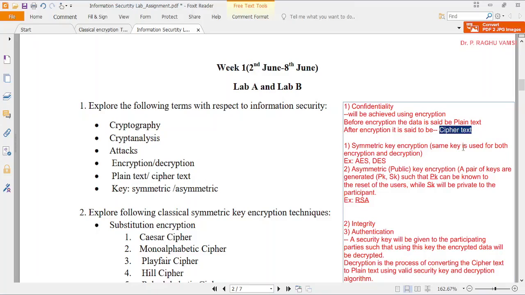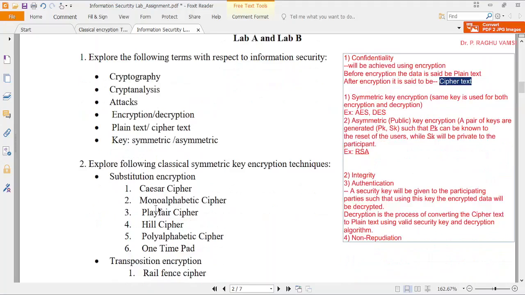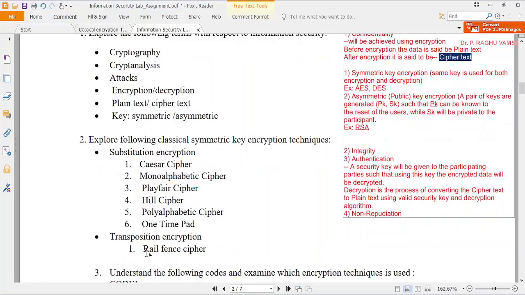At that time, people used cipher algorithms such as Caesar cipher, monoalphabetic cipher, Playfair cipher, Hill cipher, polyalphabetic cipher, one-time pad, and Rail Fence cipher. These are the various cipher algorithms they have used.